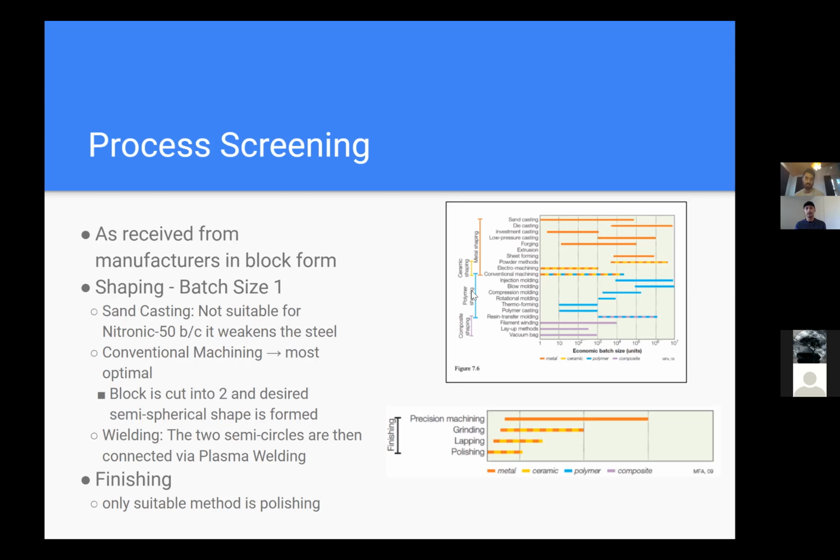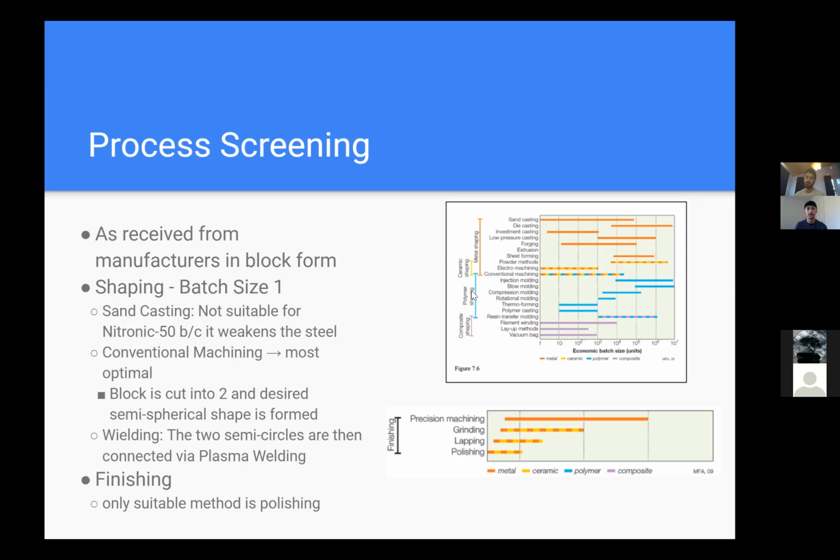Essentially, we'll get a block from the manufacturers, which we will then use conventional machining to whittle away into a semi-spherical shape. From this block, we'll get two semispheres, and then we'll weld them together using plasma welding.